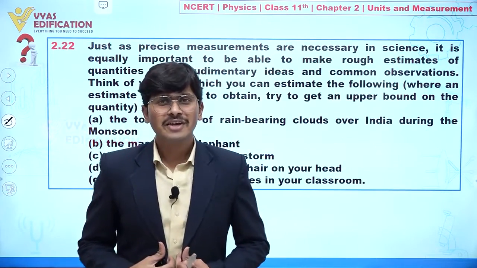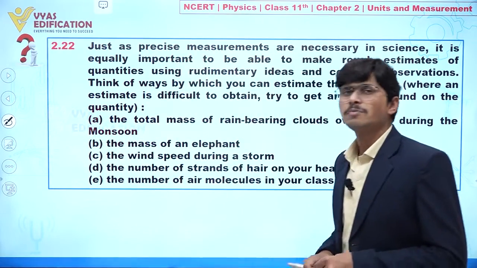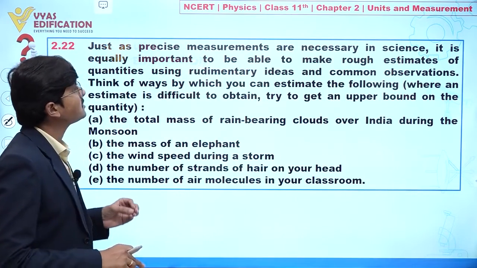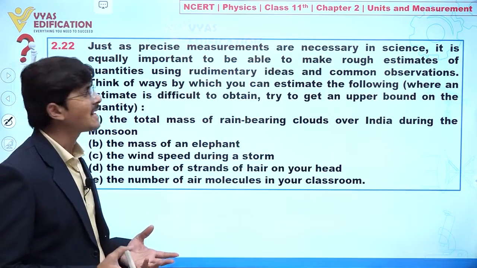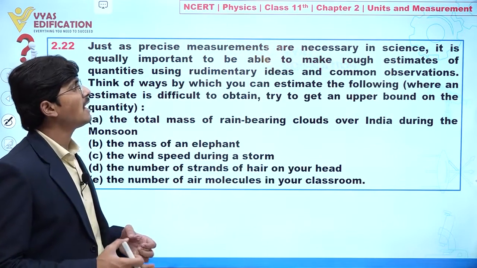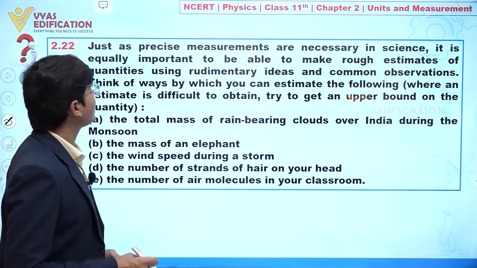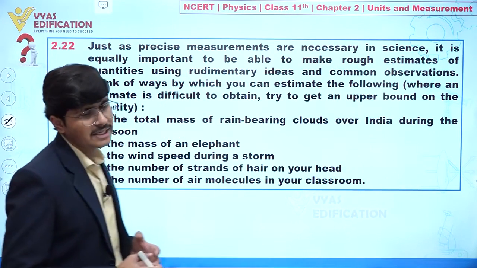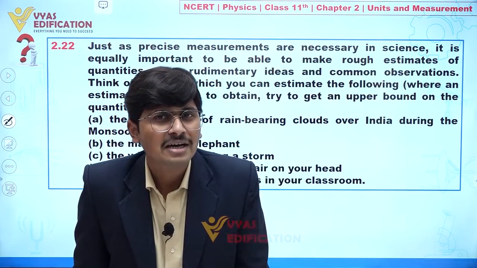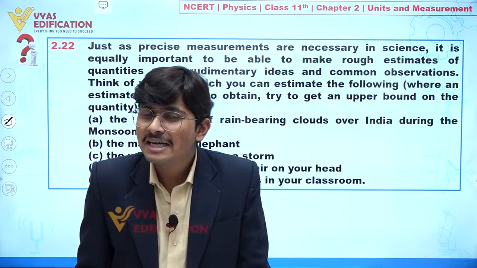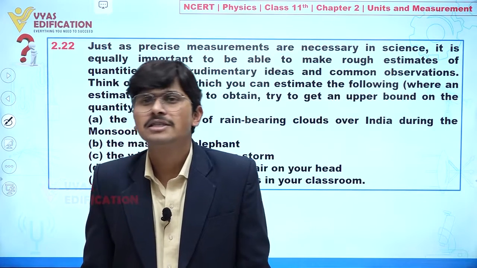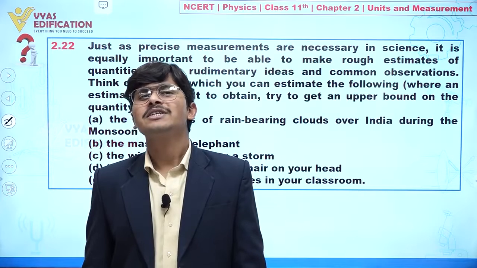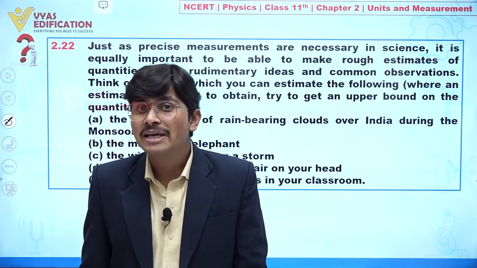Now students, we are going to discuss question number 2.22. In this question it is given: just as precise measurements are necessary in science, it is equally important to be able to make a rough estimate of a quantity using rudimentary ideas and common observation. Definitely precise measurement is a very good approach to solve any problem, but sometimes it is very difficult to find accurate data.